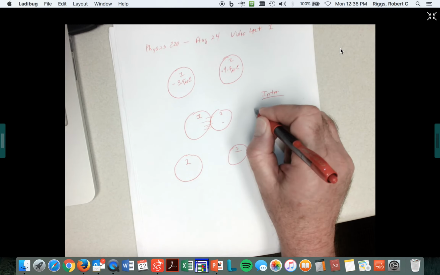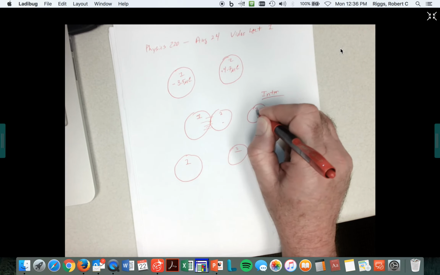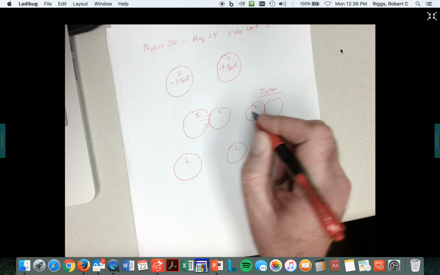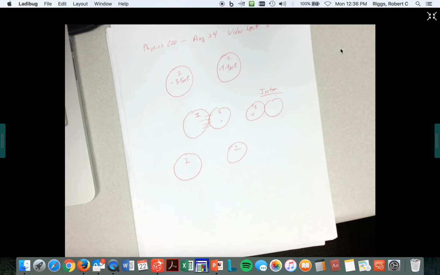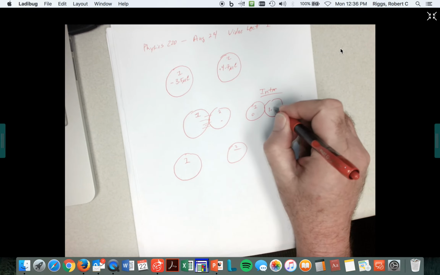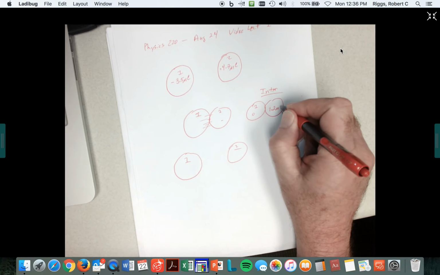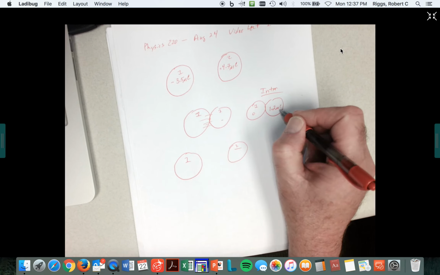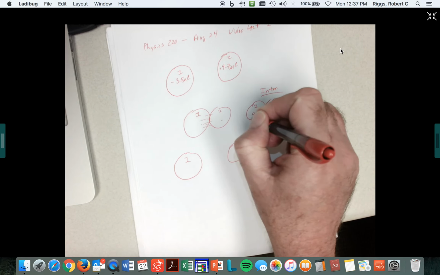Sphere 1 has 0 charge, and if all the -3.5 comes flying over there, then this one has +1.2 microcoulombs of charge. So here's another intermediate: this one has 0, and this one is now at 1.2 because the negative 3.5 came over.